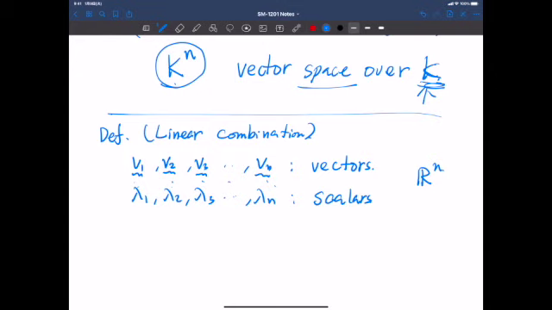By the way, this n does not mean the dimensionality of vectors, so maybe we could use a different letter for this.